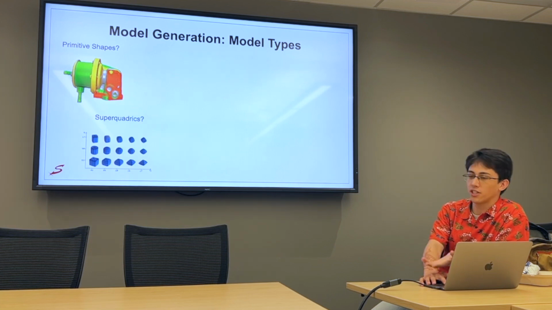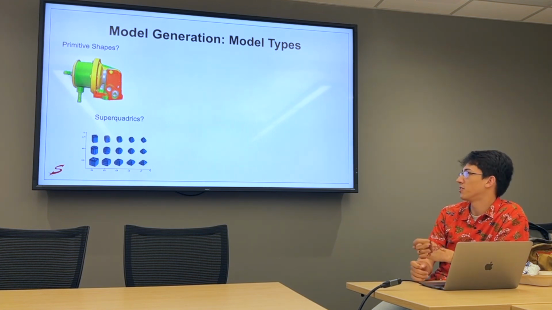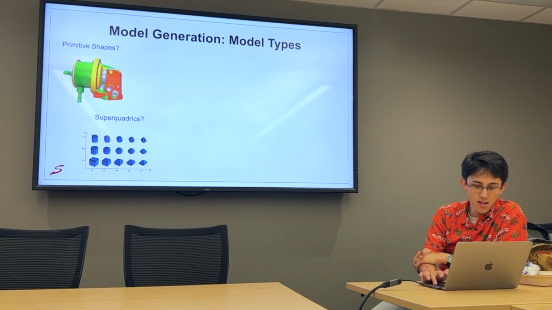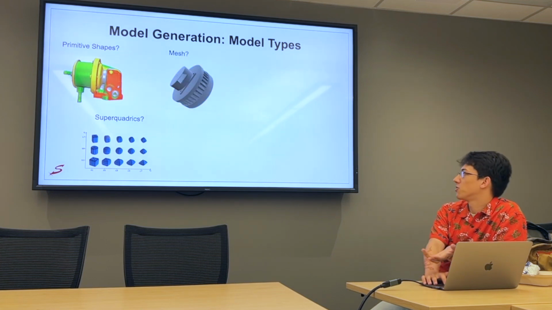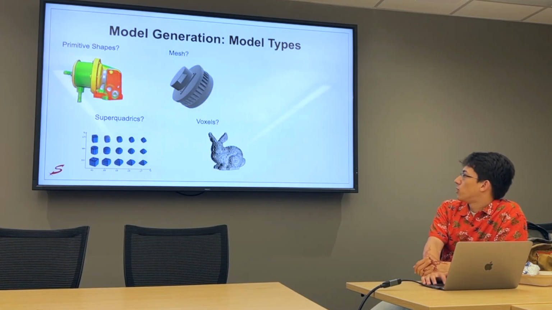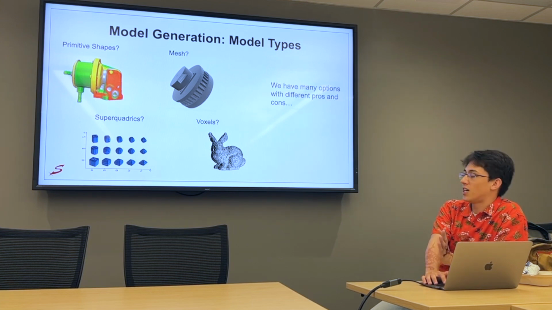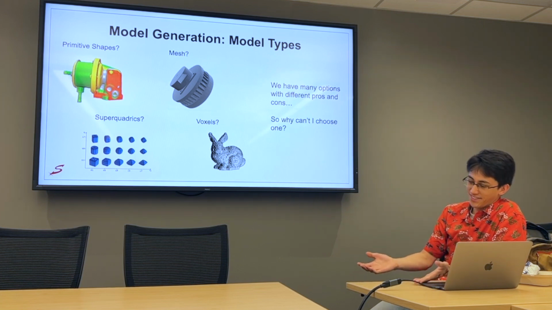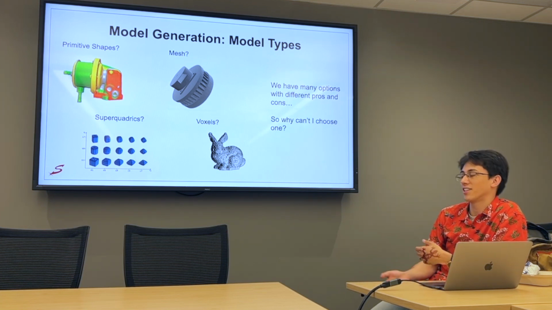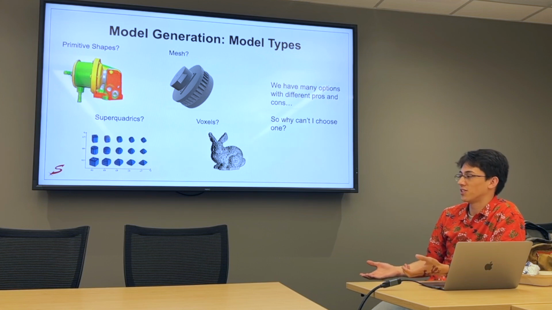Do we want superquadrics, which summarize all of those, but you can tune the parameters and make different types? Do we want a mesh, the most standard? Do we want voxels? There are so many different options with different pros and cons, but why can't I choose one? Because I was really struggling with this, like, which direction should I go?